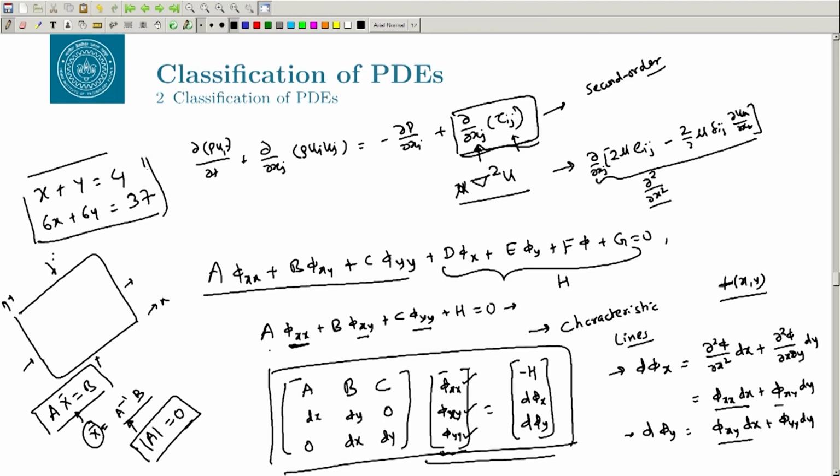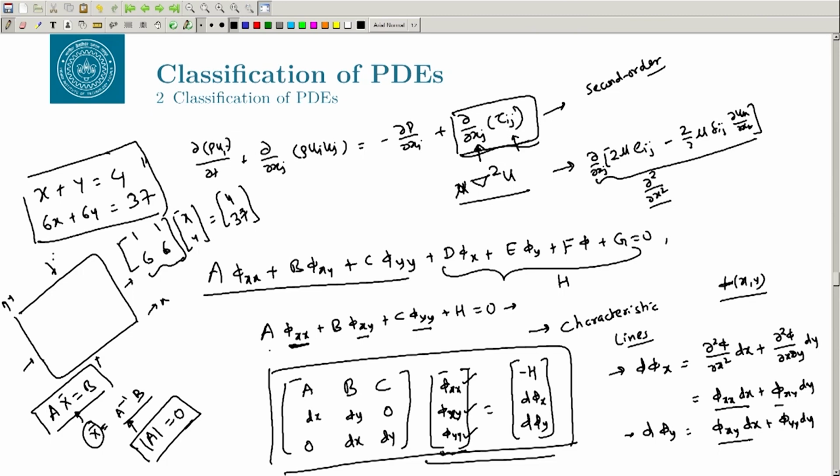In fact, you will not get a solution, right, because if you write this in matrix form, this is 1 1 6 6 times x y is equal to 4 37, and the determinant of this matrix becomes 0, right.